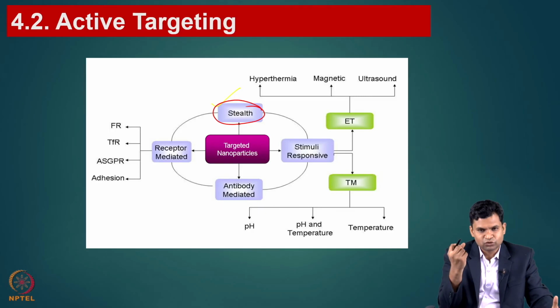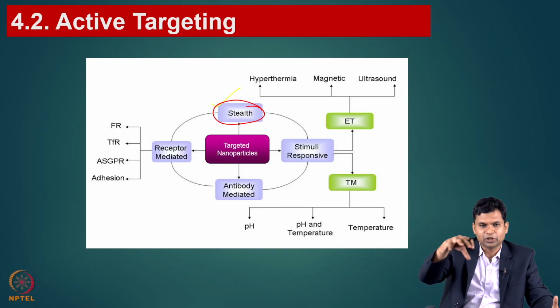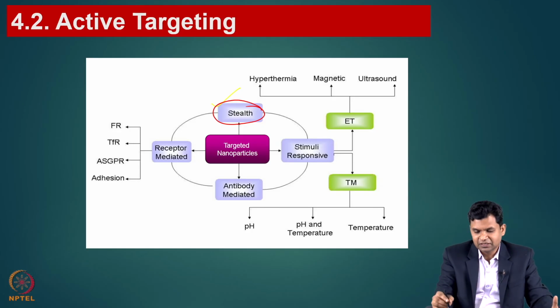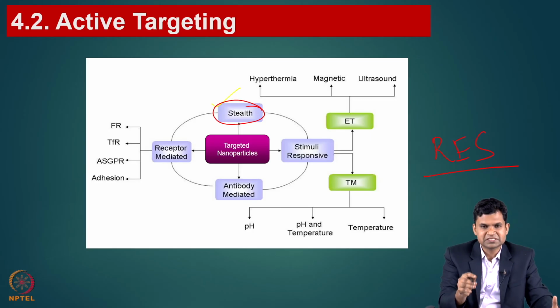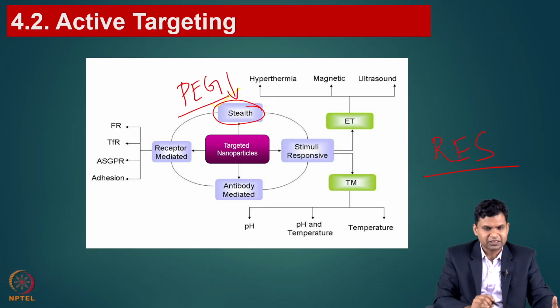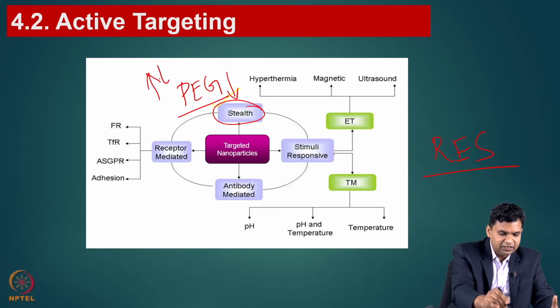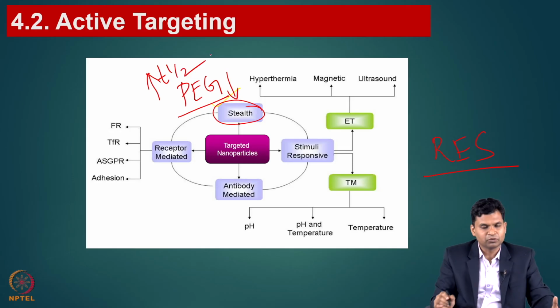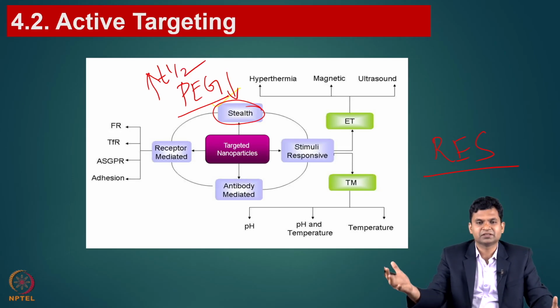Whenever you use hydrophobic particles, the opsonin will come and the particle will undergo opsonization, and it will further undergo the RES, the reticuloendothelial system. This can be avoided by using hydrophilic polymers, preferably polyethylene glycol, which will reduce the RES uptake of the nanoparticle system. With this, you can enhance the half-life of your molecules or nanoparticles in the blood.